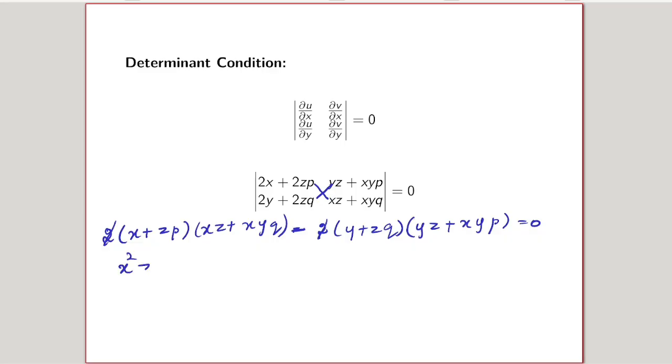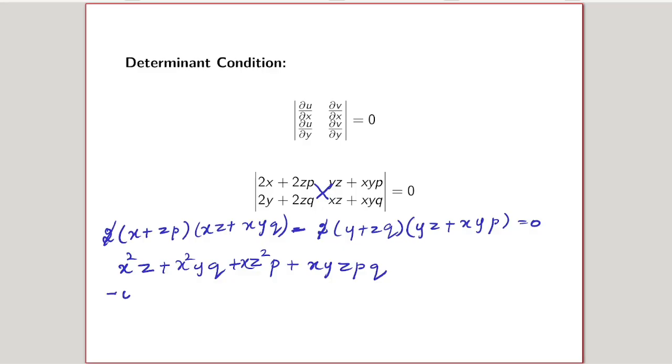So it is x squared z plus x squared yq plus x z squared p plus x y z p q. And in the next term, every term will have negative sign.